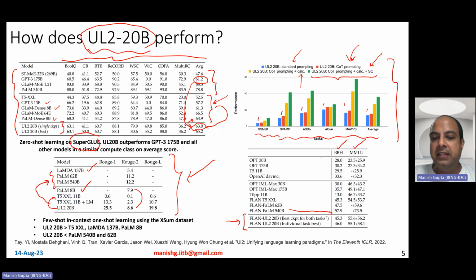But if you compare it with, let's say, OPT model 175 billion parameter, it's way better, right? So 45.3 is way better compared to several of these models. In fact, to a certain extent, it is even better compared to the Flan T5 model, right? So if you are basically using Flan T5 model, it's a good idea to switch to Flan UL2 20 billion.